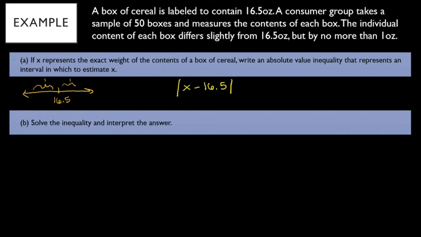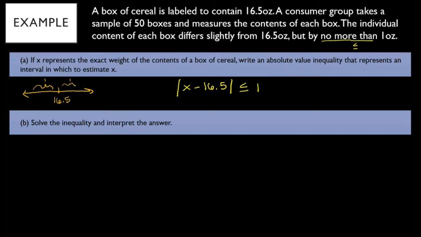And then when we say no more than, that is going to be a less than or equal to. So it's going to be less than or equal to 1. It could be less than 1. It could be equal to 1, but it's not going to be more than 1. So we're going to write this as less than or equal to 1.